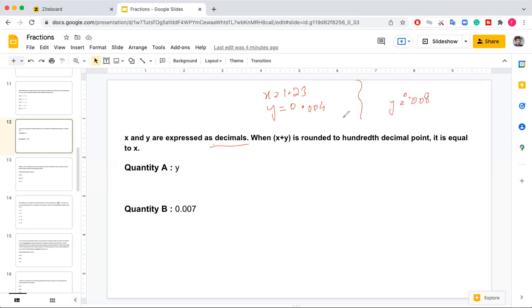For the first case, what is X plus Y? That is 1.234. And for the second case, what is X plus Y?